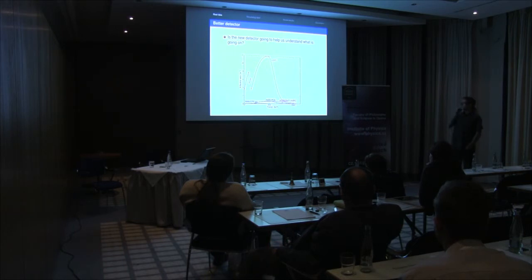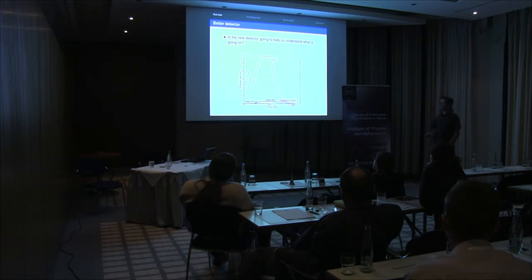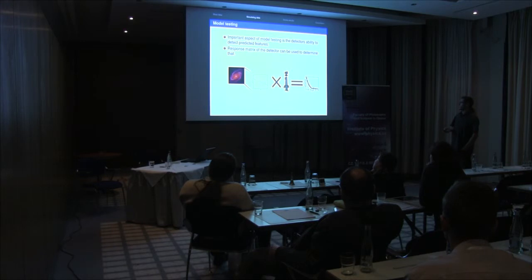So how do we do that? And in case the present detector is not capable of doing that, how can we know that a future detector will be capable of doing that? We can use the so-called response matrix for that.